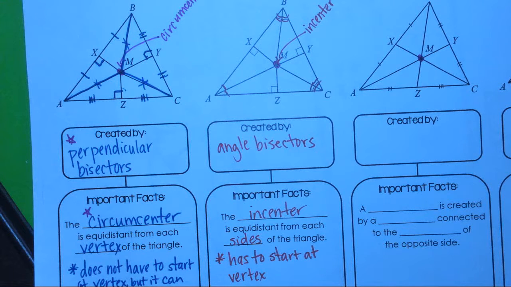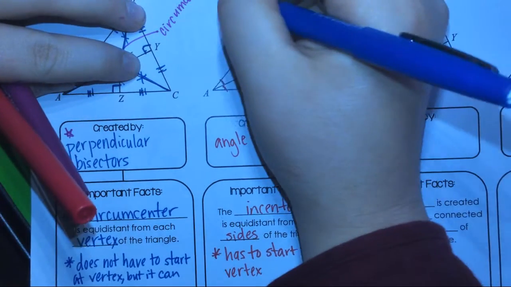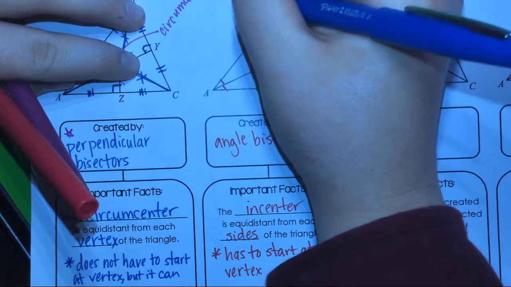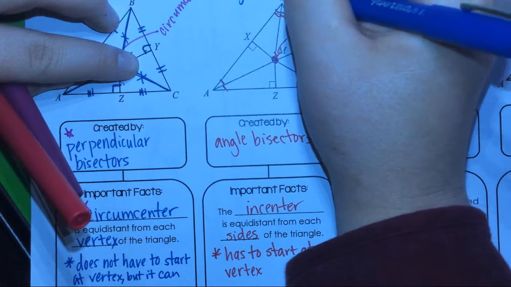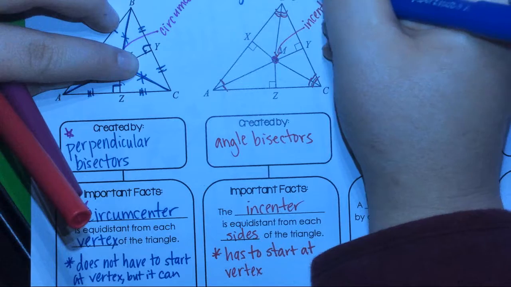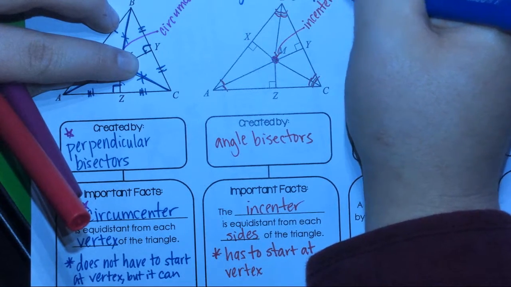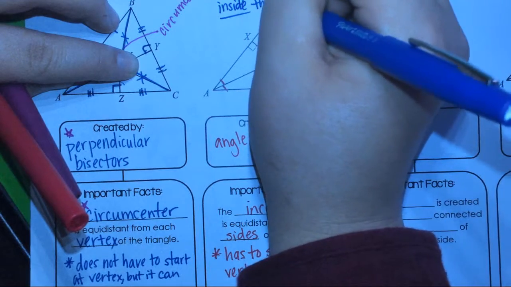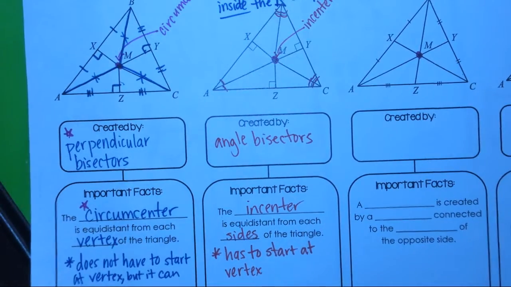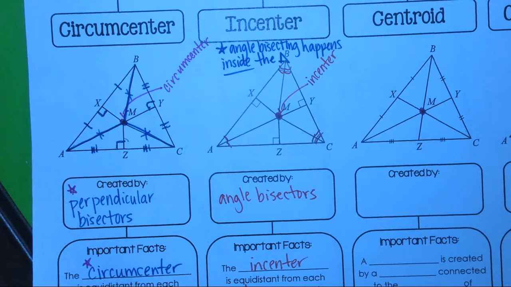How do I remember those 2 words go together? I say, angle bisecting happens inside the triangle.